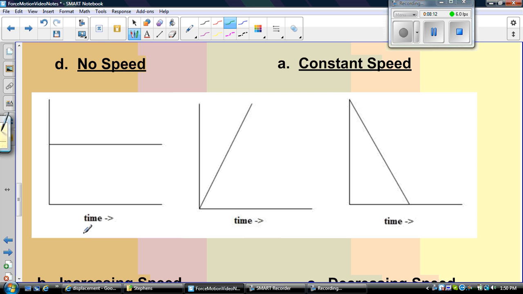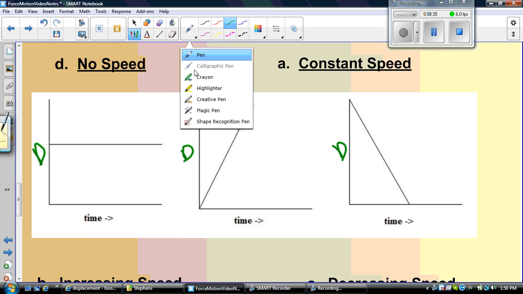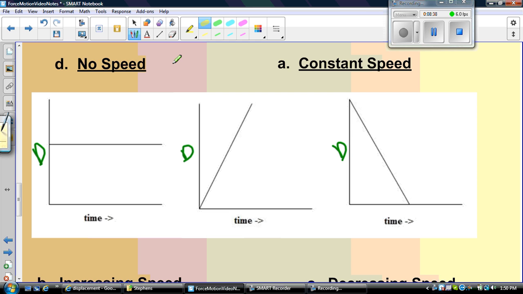Always on the x-axis is going to be time, and what we measure on the y-axis is going to be distance. So distance is always on the y-axis, time is always on the x-axis, and you can see speed equals distance divided by time. Now we are always going to have a line graph to graph our motion for speed.